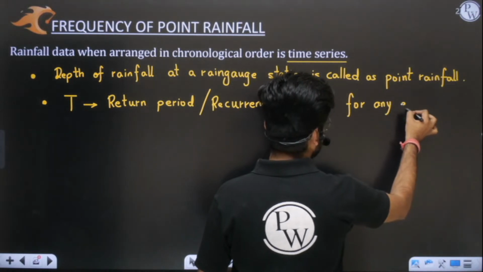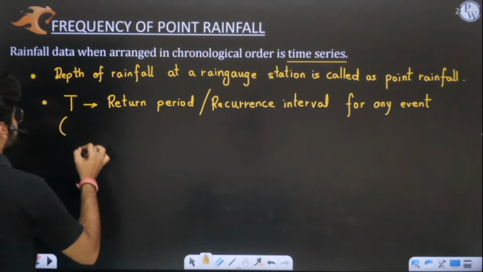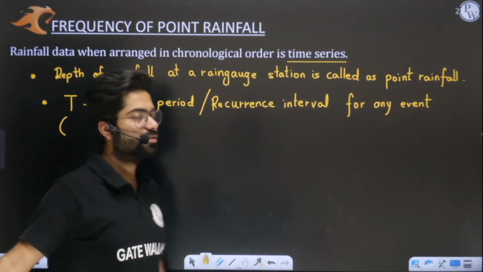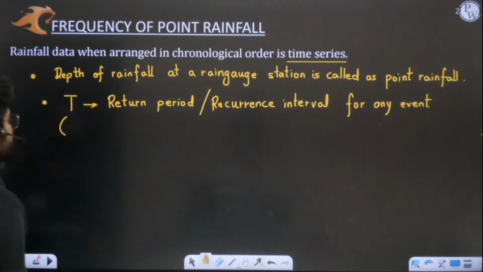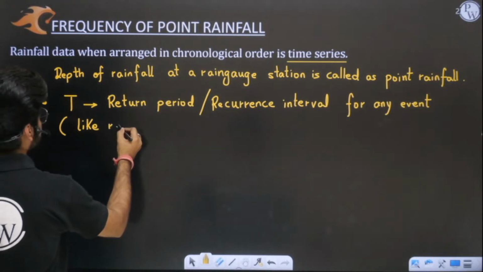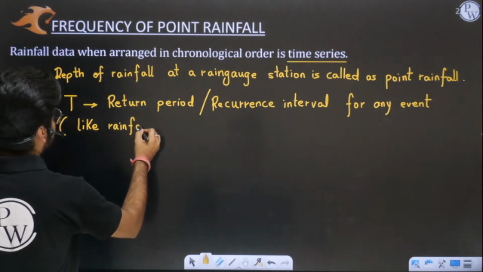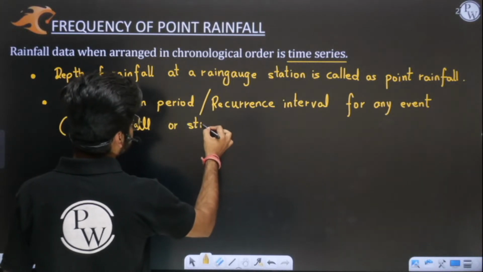Basically, in hydrology, sir, in which kind of event are we interested? Obviously, we are not interested in qualifying GATE in hydrology. In hydrology we are interested in rainfall, any kind of rainfall event, such as this amount of rainfall happening in how many years, or some stream flow. We are very much interested in stream flow.